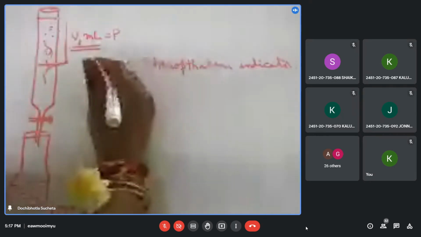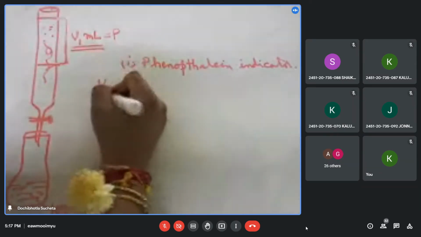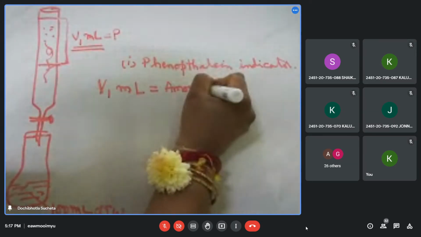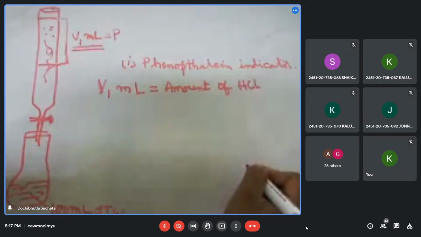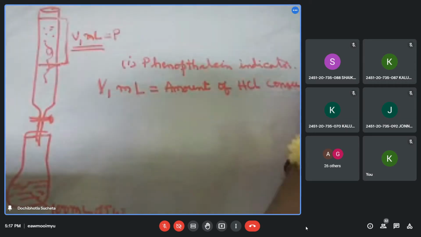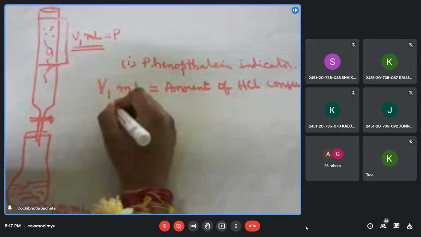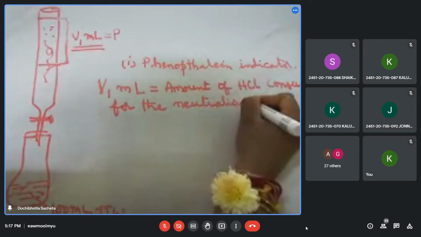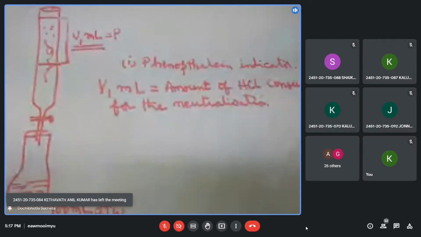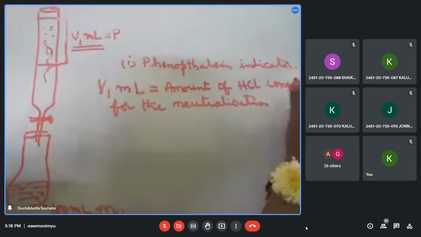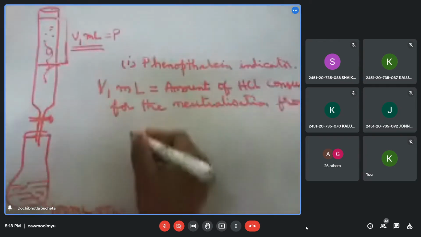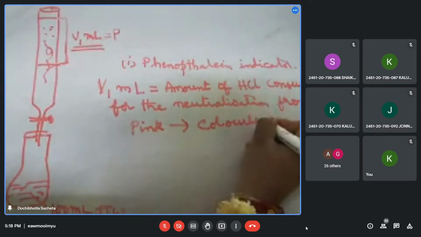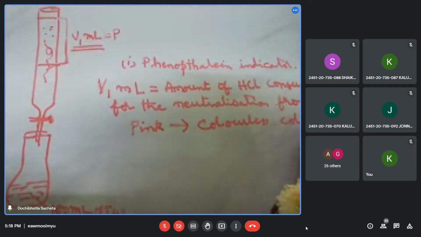So, I'll say V1 ml is equal to the amount of HCl consumed for the neutralization, from pink to colorless, the color change of phenolphthalein.